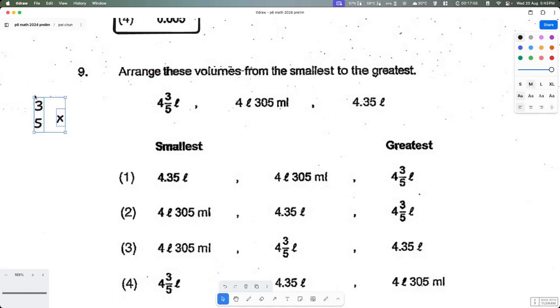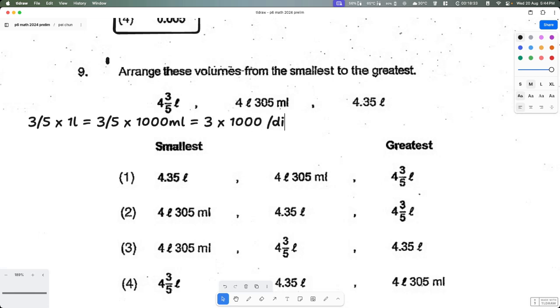So 3 over 5 times 1 liter is equal to 3 over 5 times 1000 milliliters, which is equal to 3 times 1000 divided by 5, which is 3 times 200, which is 600 milliliters in this case over here.